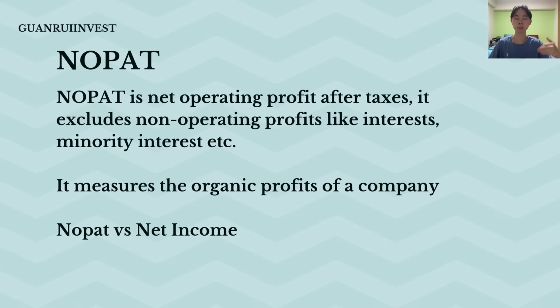It measures the organic profits of the company, the operating profits. Your NOPAT is slightly different from your net income because your net income will include all these different other non-operating income like investment income, interest income, as well as minority interest income. Whereas your NOPAT is organic to the business. It is measuring the core organic portions of the entire business itself.